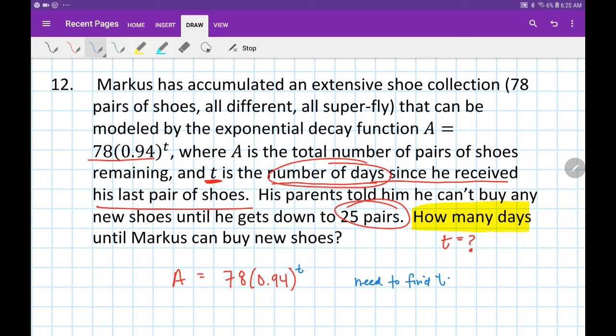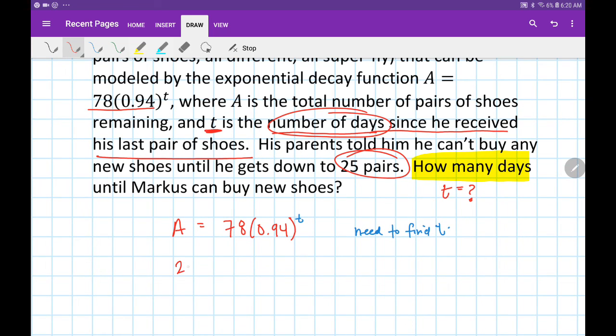Well, if I need to find t, then everything else should be plugged in. So I need to figure out what goes here for A. Well, it says he needs to get down to 25 pairs. So the number of pairs it needs to get down to will go in for A, like this, to the power of t.